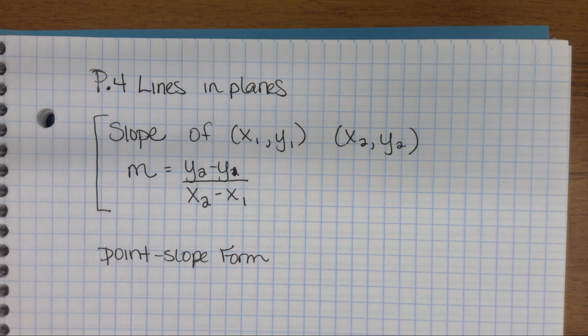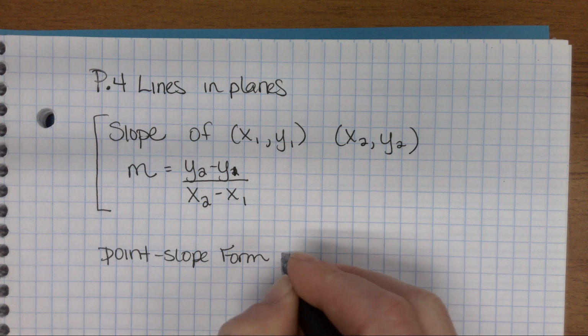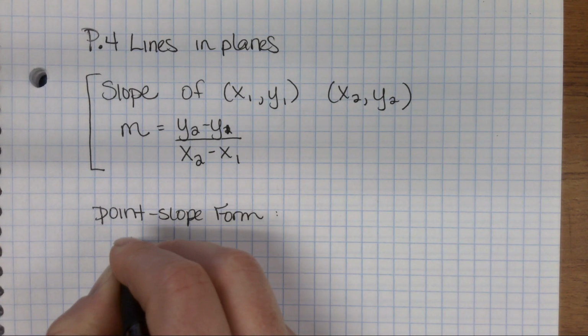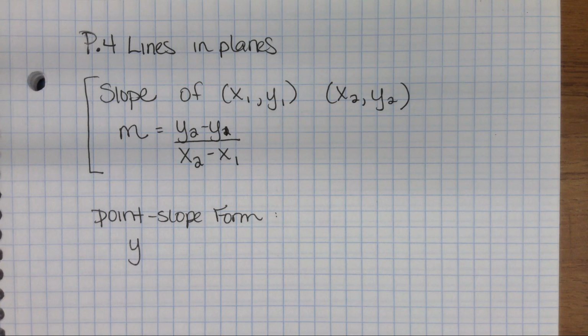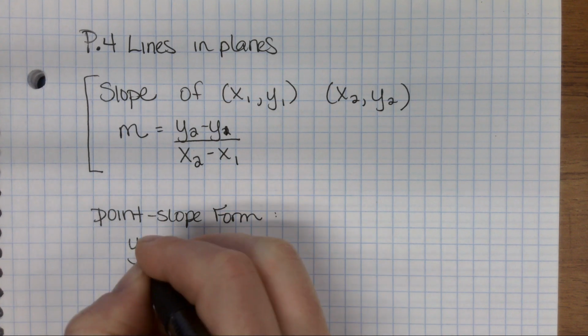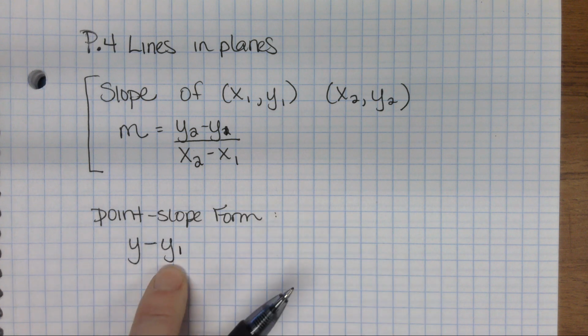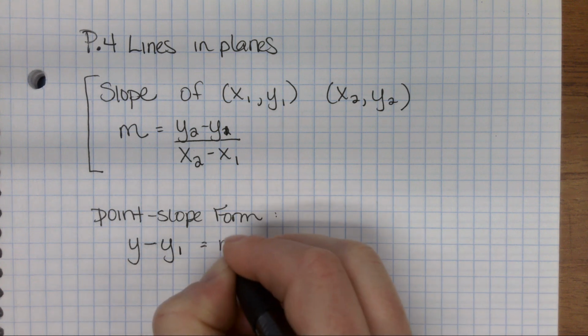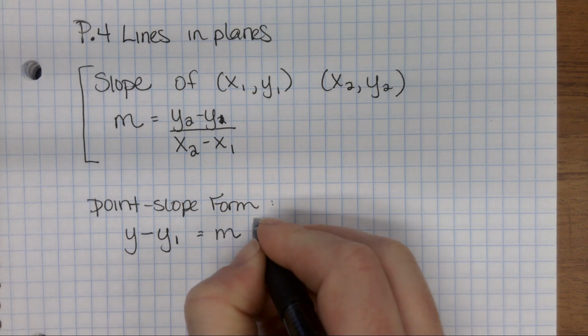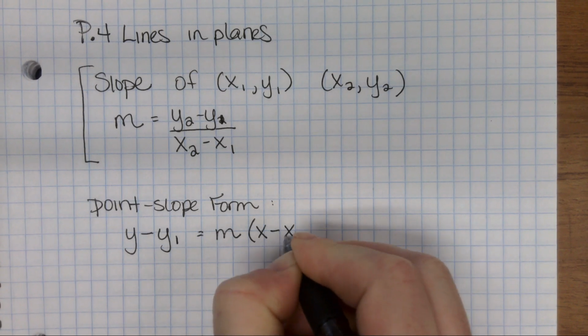Okay, so I'm going to show you what point slope form is and then how you use it to get to slope-intercept form, but then I'll just show you that you could just use solving to find the slope and the y-intercept. Point slope form for a line, instead of y equals mx plus b, you have y minus the y coordinate of a point, and I'll show you one in a minute, equals m times the quantity of x minus x sub 1.